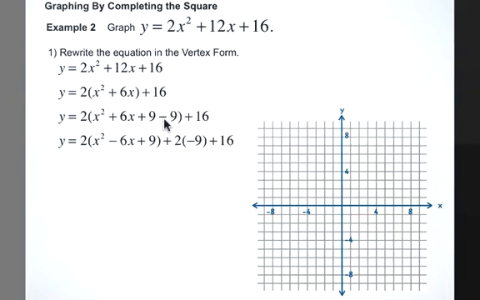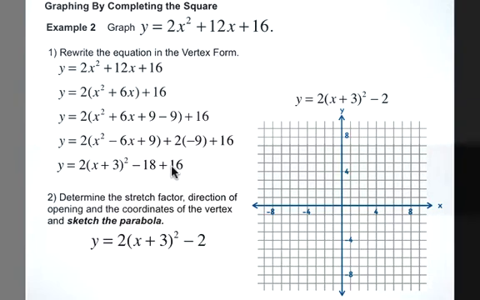We move the negative 9 outside of the brackets, and when we do so, we need to make sure we multiply it by 2, because when it was inside the brackets, it was being multiplied by 2. So now we have 2 times (x plus 3) squared minus 18 plus 16, which is y equals 2 times (x plus 3) squared minus 2.